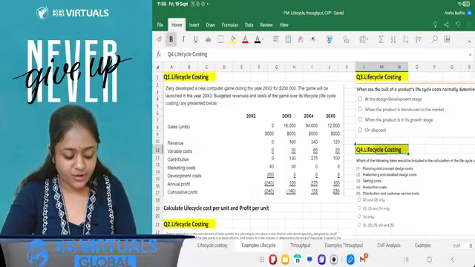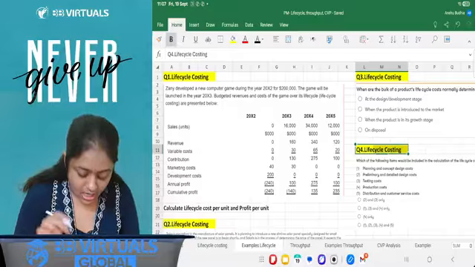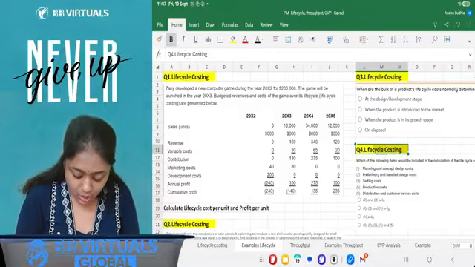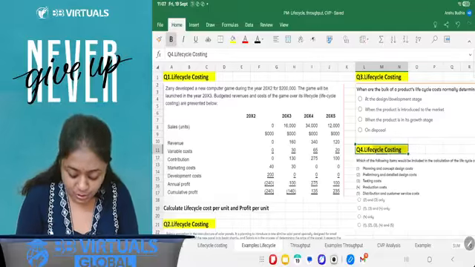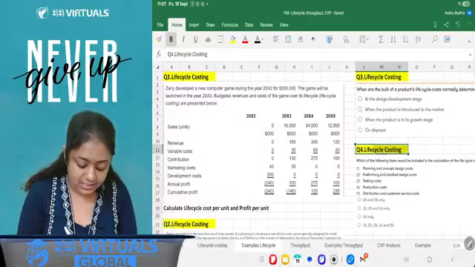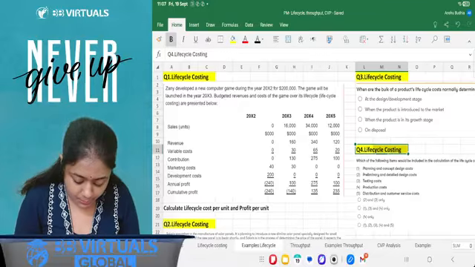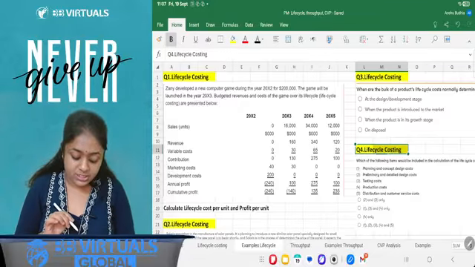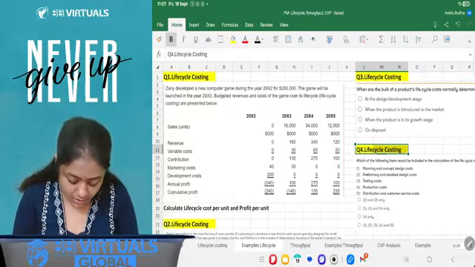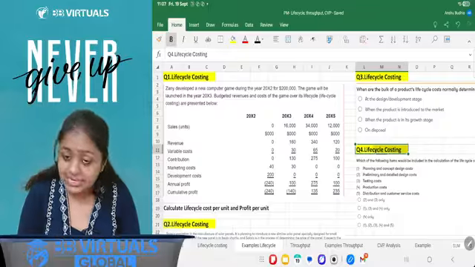Now let's look at the first question, all of you. The first question is, Zenny developed a new computer game during the year 20x2 for $200,000. The game will be launched in the year 20x3 and development of the computer game has started in 20x2. The budgeted revenue and cost of the game over the life cycle is presented here.